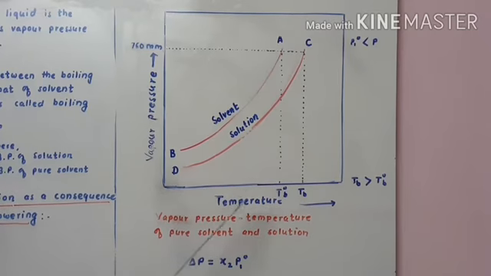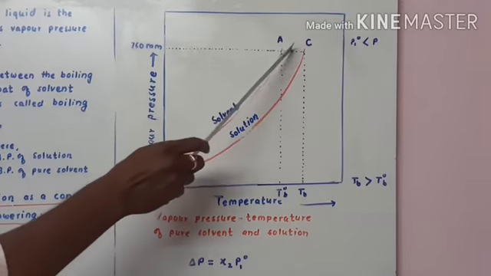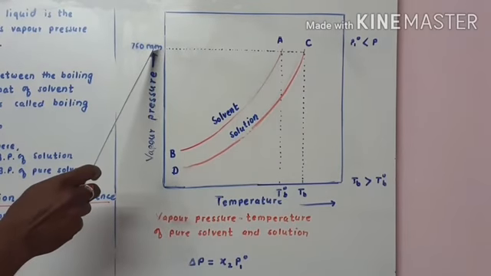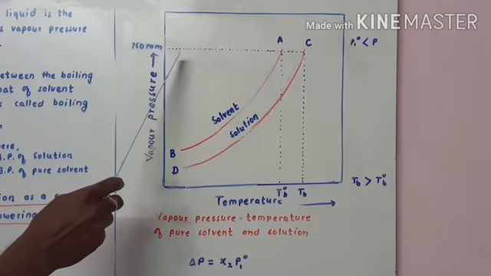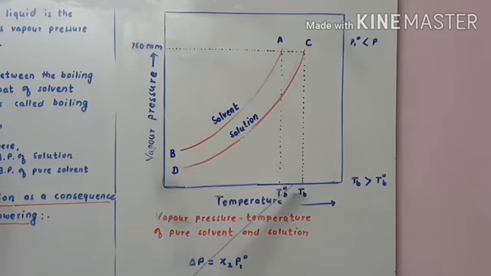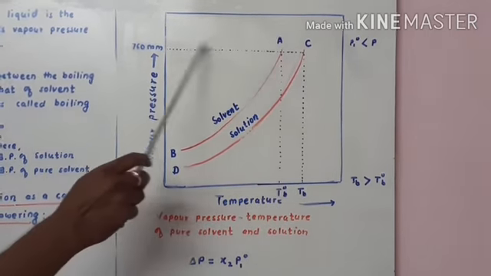At boiling point, the vapor pressure is 1 atmosphere. To reach the boiling point, the solution and solvent must be heated. So to reach the boiling point of the solution, it must be heated until its vapor pressure reaches 1 atmosphere.